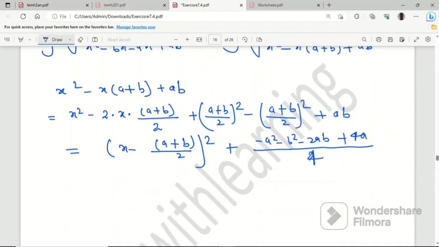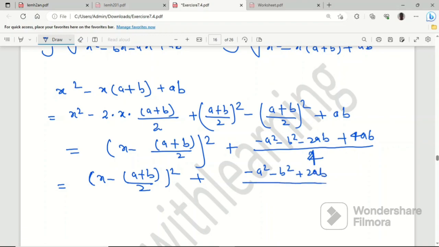x minus (a plus b upon 2) whole square. Yes, so now I can cancel 4ab. So I can cancel them as minus a squared minus b squared, and it will give me plus 2ab upon 4.